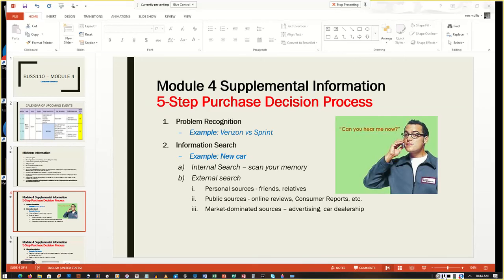External information, like I said, is generally collected through online reviews, by talking to friends or family members, or by watching commercials through advertisements or social media, or through displays. You know, if you're in the mall or at a shopping center, you might see different stores. You might want to go in and check out some of the products that they have.